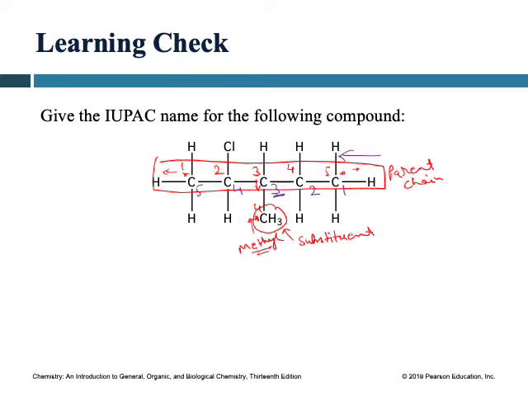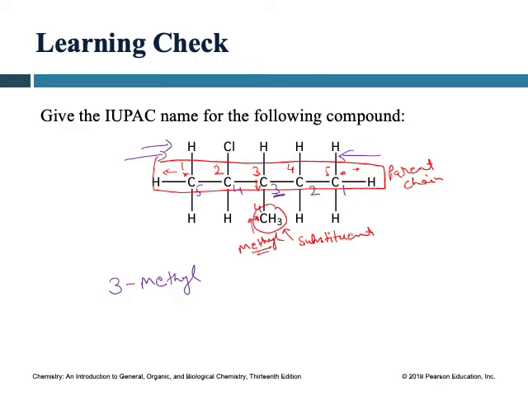So it doesn't matter whether I go from left to right or right to left, because this substituent is always on the third carbon. So it's up to you. I'm starting from left to right, and then I'm going to write the location of the substituent, then methyl.